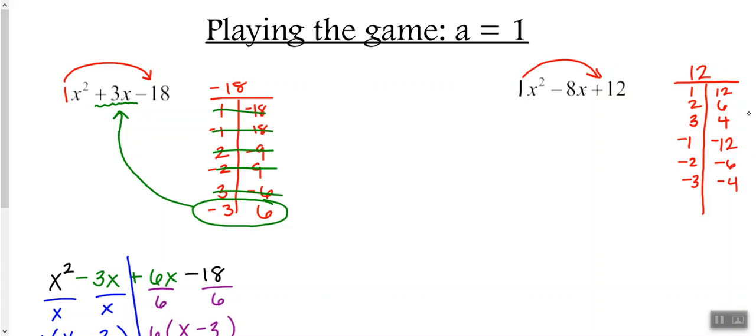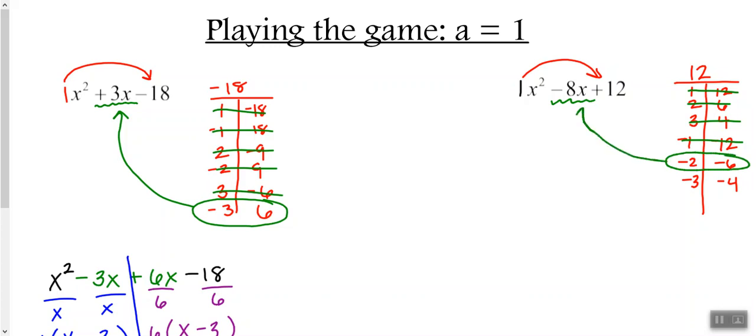Now I'm looking from my list of numbers which one will add together for a negative 8. So 1 plus 12, no. 2 plus 6, that gives me positive 8. 3 plus 4, that's 7. Negative 1 plus negative 12, no. Negative 2 and negative 6.